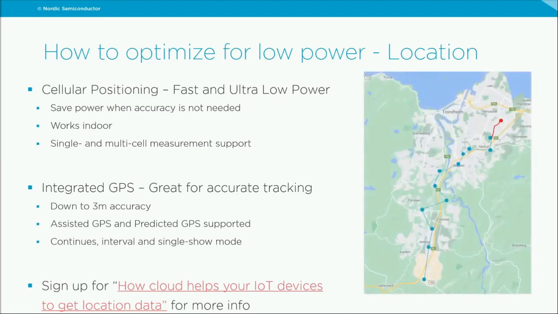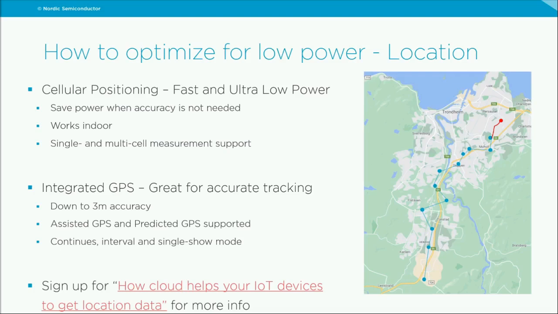And here is just an example of how you can utilize both technologies. So if you have an asset tracker or a device that's moving into a town, you can use cellular positioning to save a lot of current when the device is on the way to the town, for example. And you can see that accuracy is not important and it's moving a bit based on your cell positioning, etc. And you can see that it's still going down this road and going into the town.